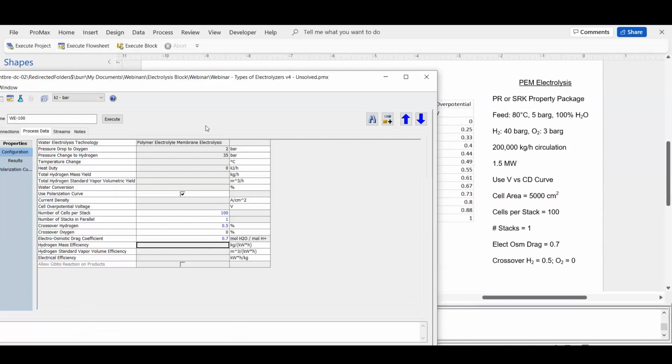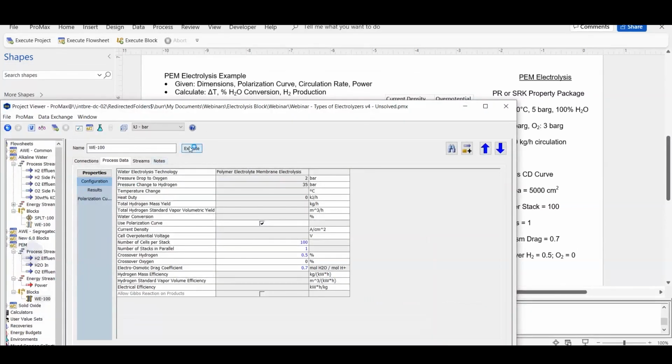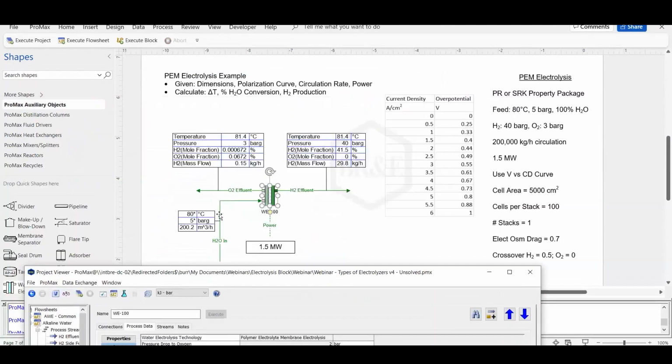And at this point, looks like we are ready to solve the block. And we see here that with this flow rate and this much power applied, we're only having a 1.4 degrees C temperature rise. We're producing almost 30 kilograms per hour of hydrogen, and we're losing about 0.15 kilograms per hour of hydrogen to the oxygen side product.